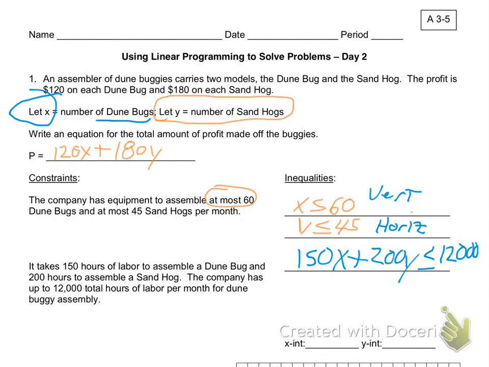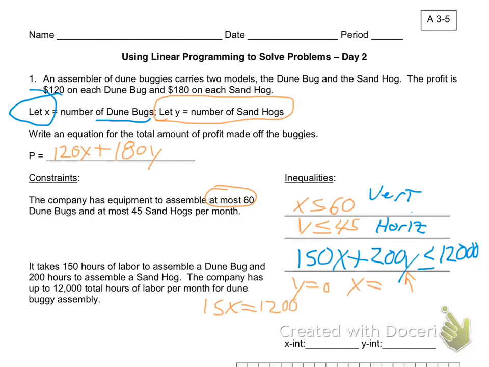Using the intercept method, we plug in 0 for y. So if we plug in y equals 0 and solve for x, what do we get? This term goes to 0, and we can take a 0 off, and basically we have 15x is equal to 1200.